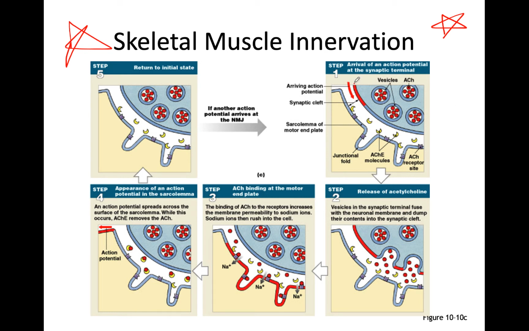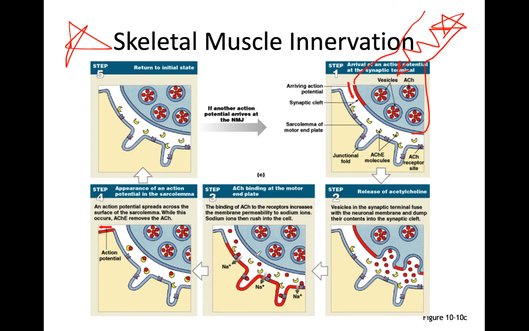When an action potential, and I'll just draw a neuron going this way, reaches the synaptic terminal, that action potential causes these vesicles to bind to the membrane of the neuron and do exocytosis of the acetylcholine. So far, the action potential reached the tip of the neuron, causing exocytosis of the acetylcholine.